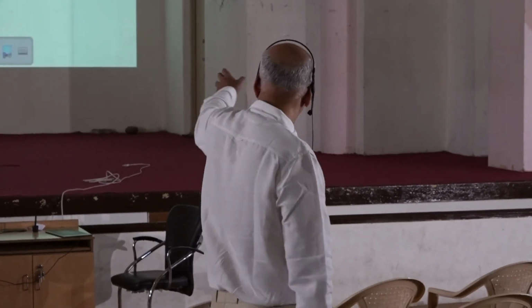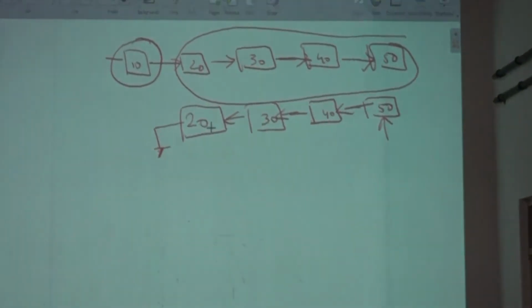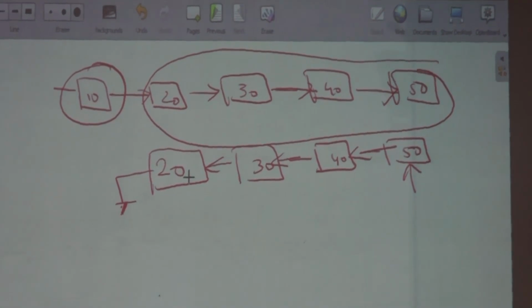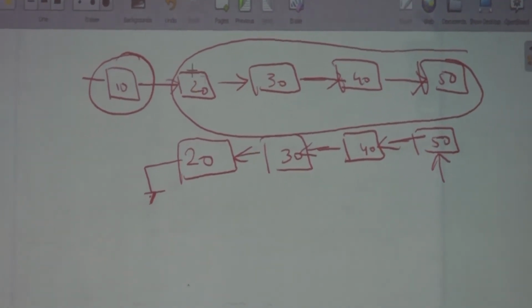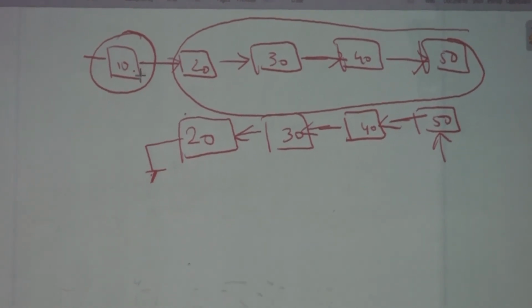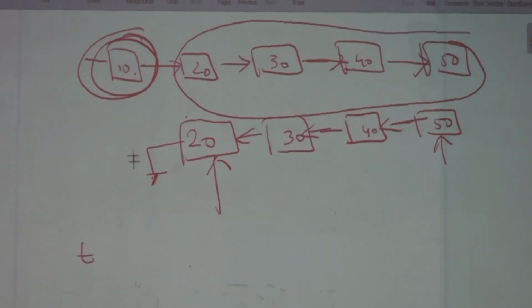I'm on 10. I reverse the rest. So, when I ask for the reversal of this, I have already preserved the pointer to this guy. So, I have with me the pointer to this guy, and I have this guy. So, what should I do? What is this pointer? The earlier T's next.